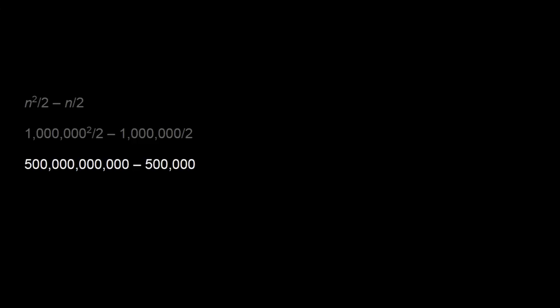Well, that's 500 billion minus 500,000. And what does that work out to be? Well, that's 499 billion 999,500,000. That feels pretty darn close to n squared. I mean, that's a drop in the bucket to subtract 500,000 from 500 billion. So you know what? It's on the order of n squared.